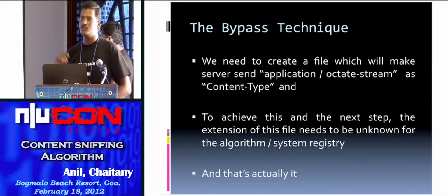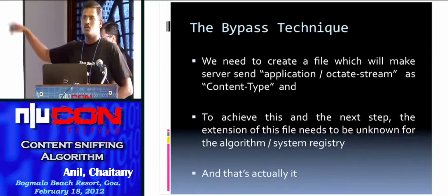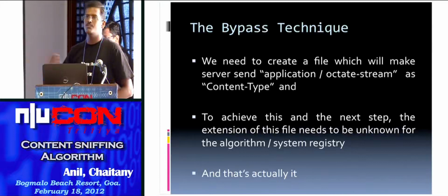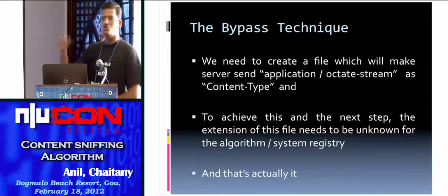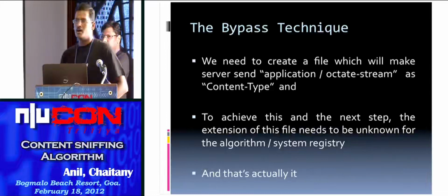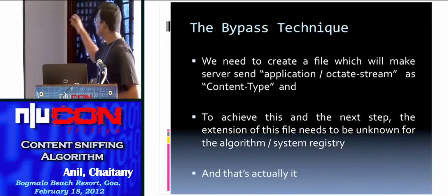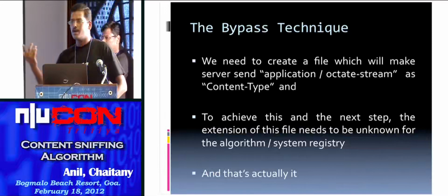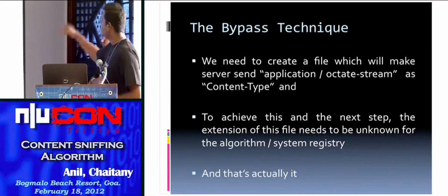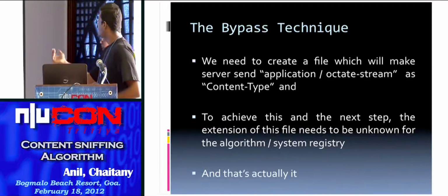Basically, in a lot of default configurations, the server will send you unknown/unknown, as it doesn't know which kind of file type this is. So it should actually send unknown/unknown, but a few misconfigured servers are sending application/octet-stream. So this is what we are doing. We just uploaded one file, a JPQ file. So now the server has sent us application/octet-stream.